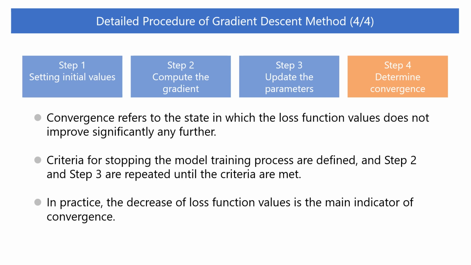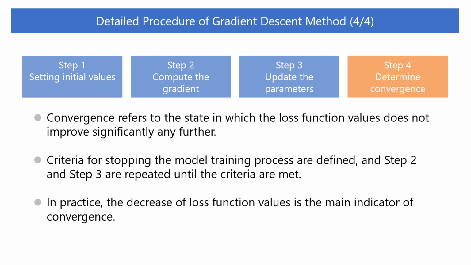This step is therefore the step to evaluate whether the algorithm is approaching the optimal solution. Specifically, criteria for stopping the model training process are defined, and step 2 and step 3 are repeated until the criteria are met. Model training is terminated when the criteria are met.